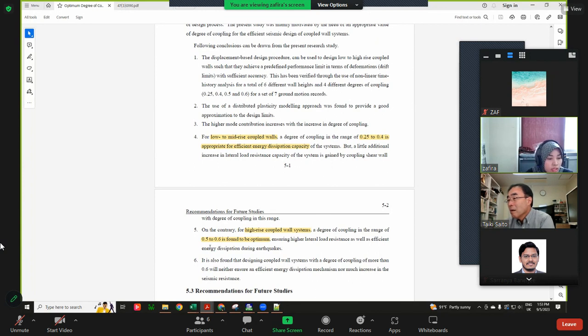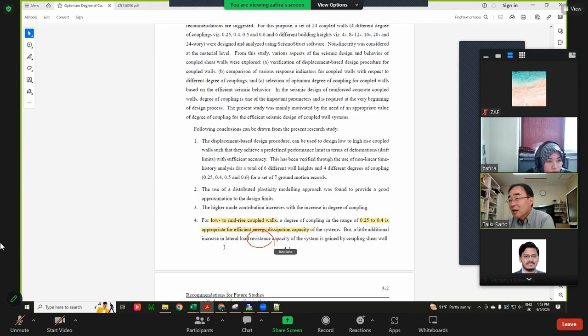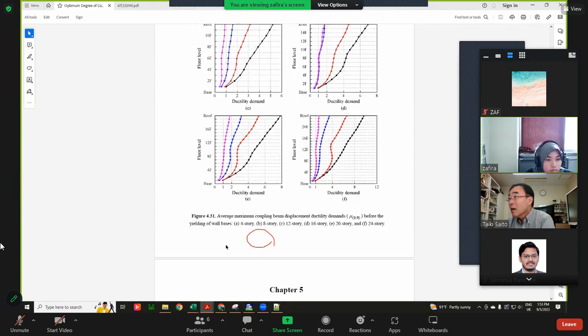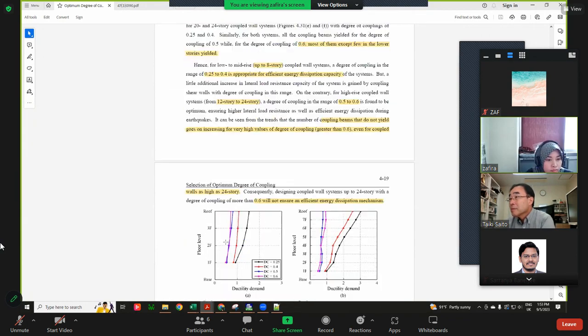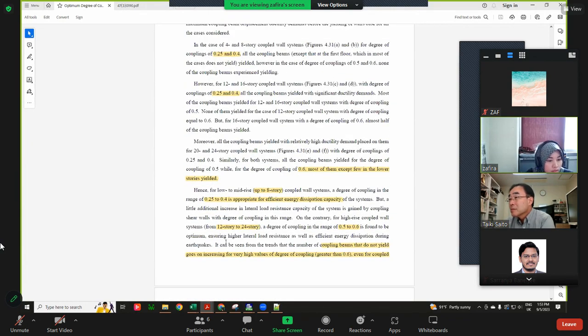For high-rise buildings it is 50% to 60%. So how do they judge optimum or not? What is the criteria? This one, the approach is energy dissipation.